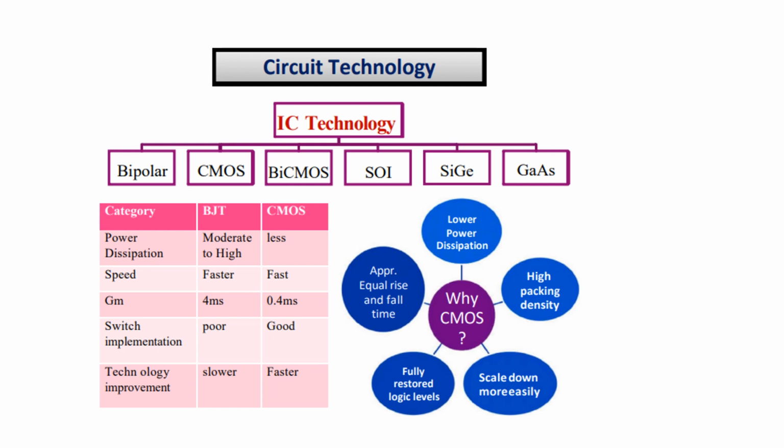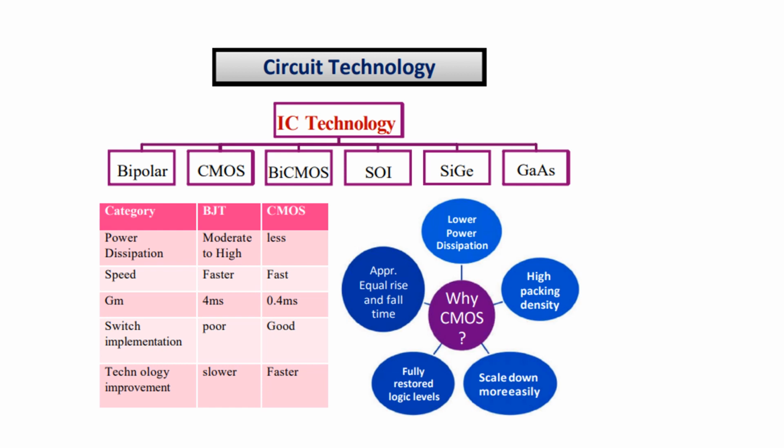The transconductance gm of BJT is around 4 milliseconds, and for CMOS it is 0.4 milliseconds, which can be the output to input ratio for the MOS transistor. When it comes to switch implementation, MOS transistors are considered good switches and the BJT is poor. For technology improvement, BJT is slower and CMOS is faster.